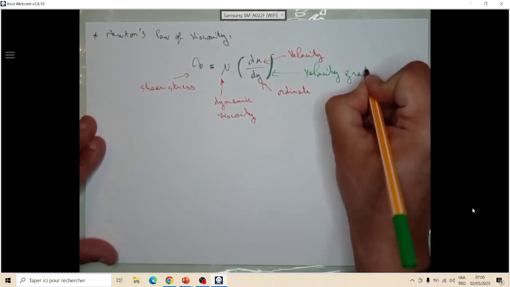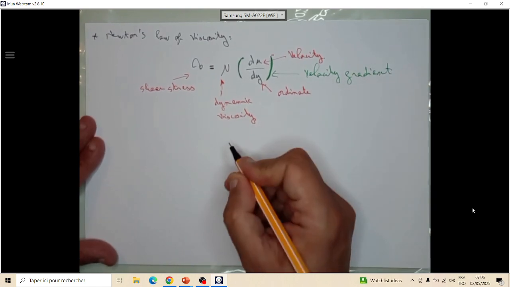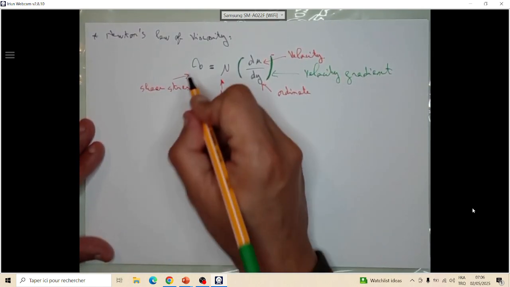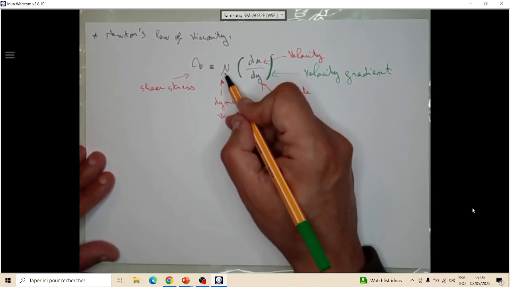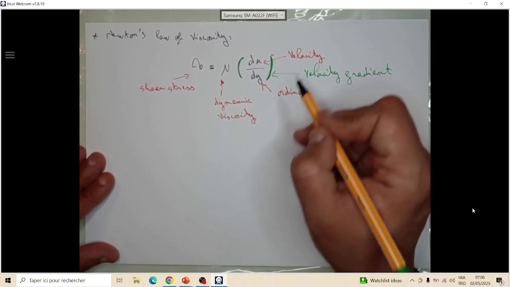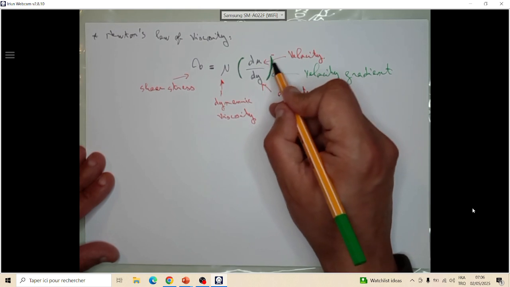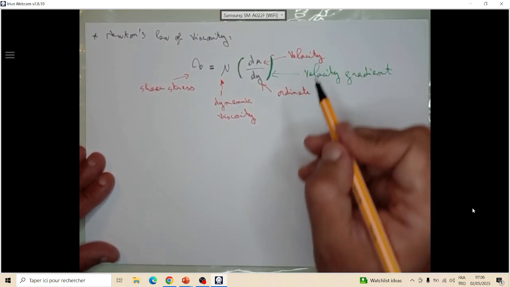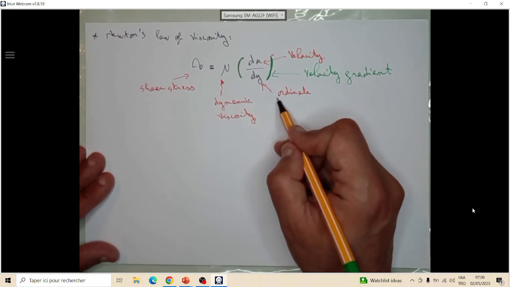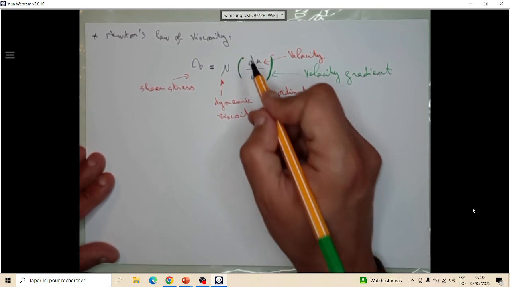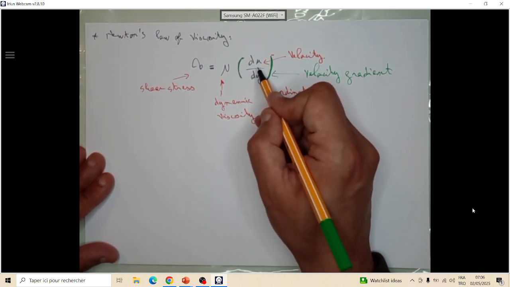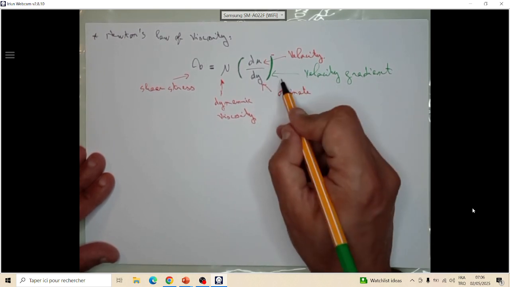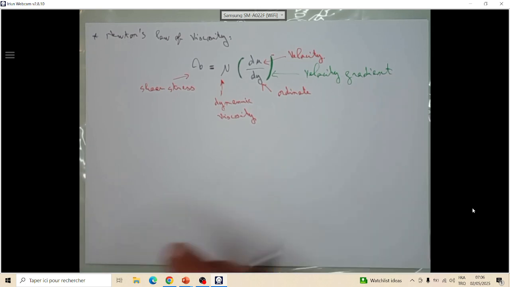So tau here is the shear stress, mu is the dynamic viscosity, u is the velocity, and y is the ordinate. And the expression in between parentheses, the derivative of u with respect to y, is what we call the velocity gradient. So those are the terms that we need.